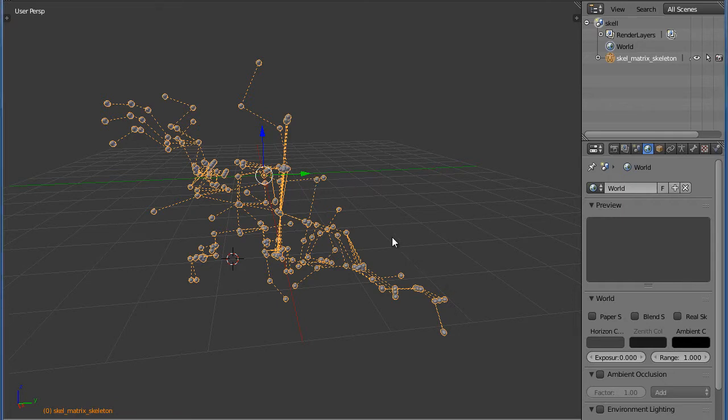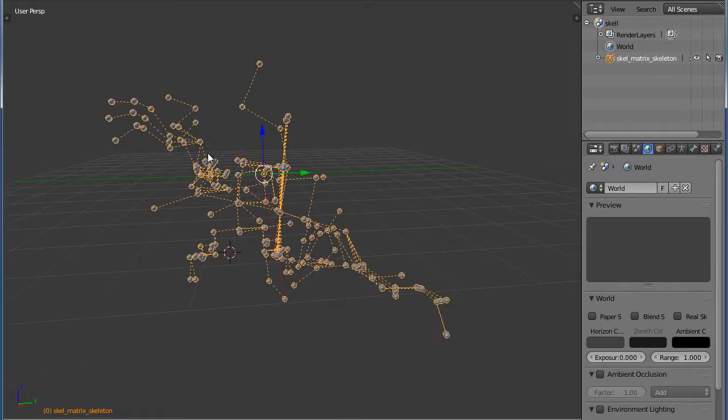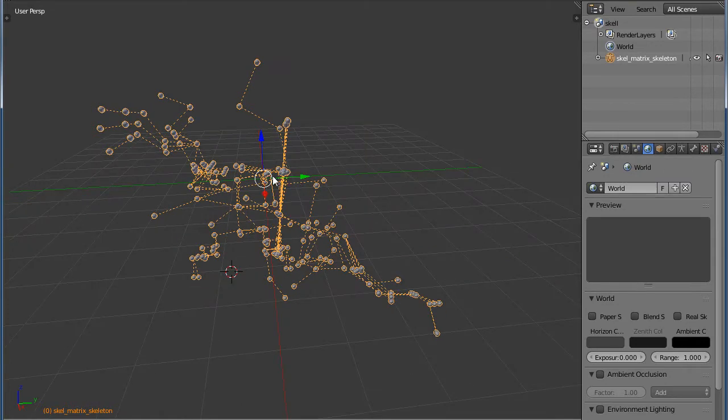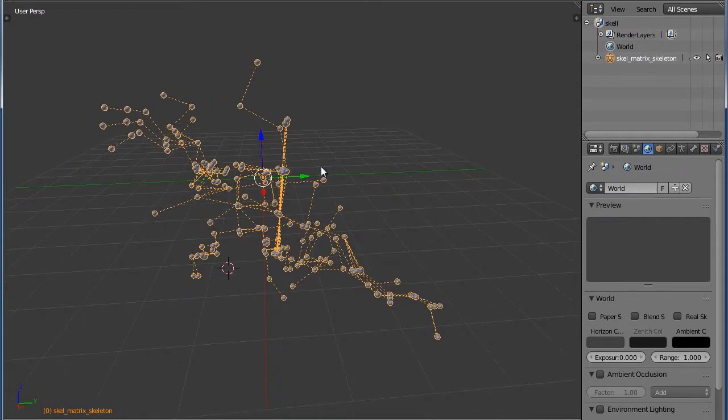So if the format you're using can load global translations and rotations, you can just load them as globals. But for SMD, which I'm using, I need to convert these global values to locals. So I need to subtract, for each bone, the values between the parent and the actual bone, both rotation and translation, and save it as SMD.